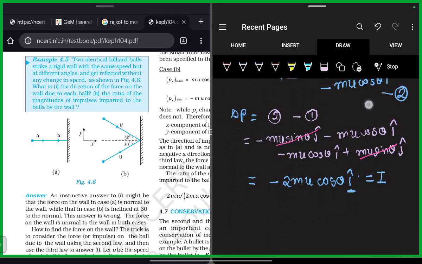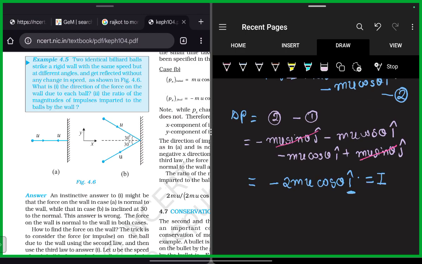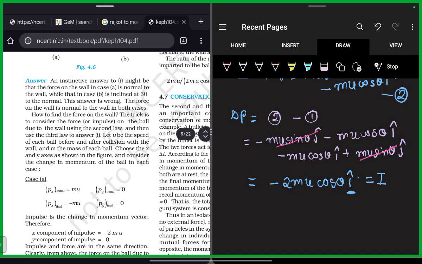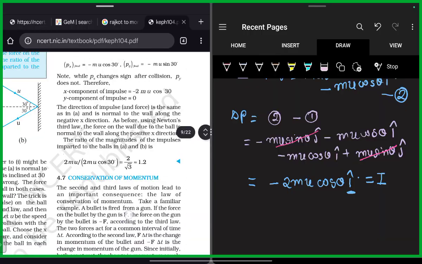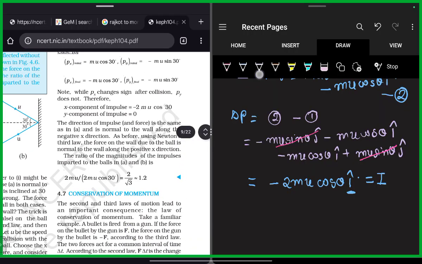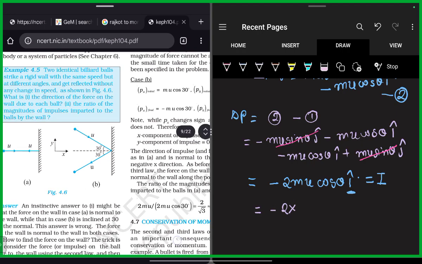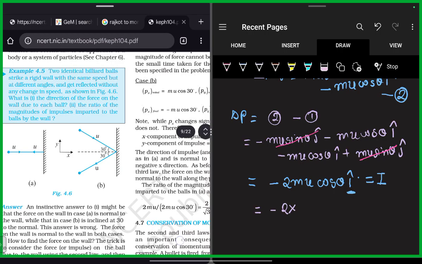Yes. Good, so this is our answer. Now if we plug these values, we'll end up with our answer. Minus 2 multiplied by what was the mass? Mass is not given.